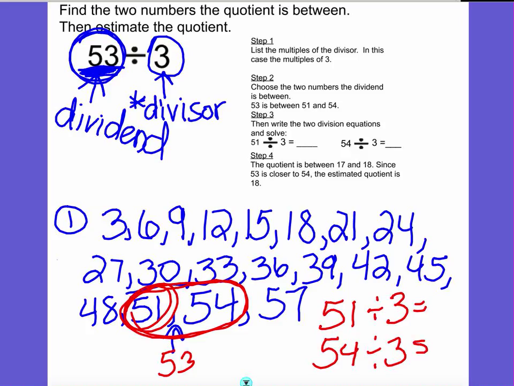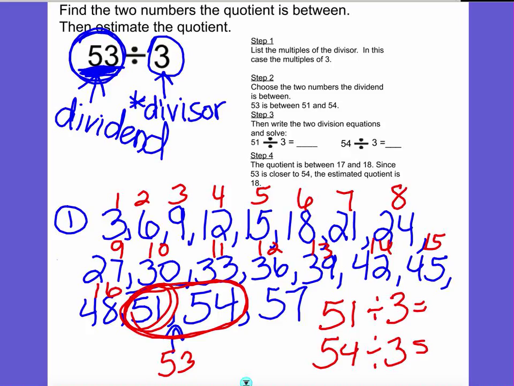Now I know these answers because all I have to do is count. 1, 2, 3, 4, 5, 6, 7, 8, 9, 10, 11, 12, 13, 14, 15, 16, 17, 18.